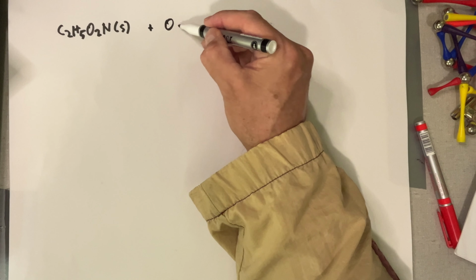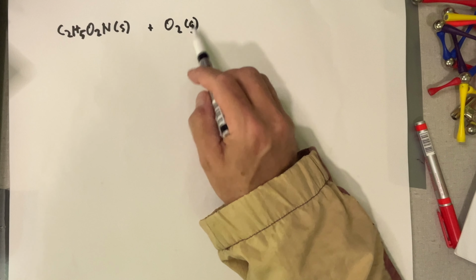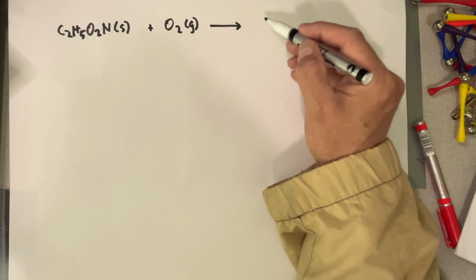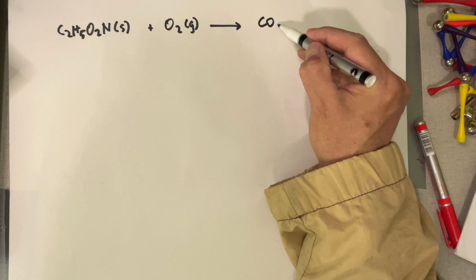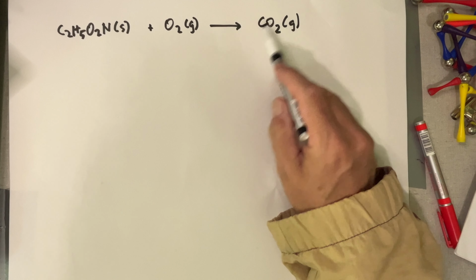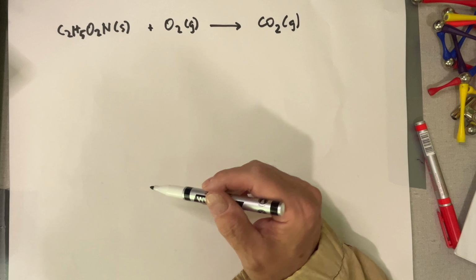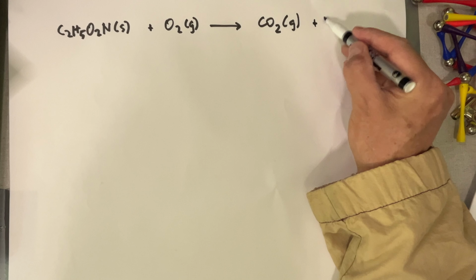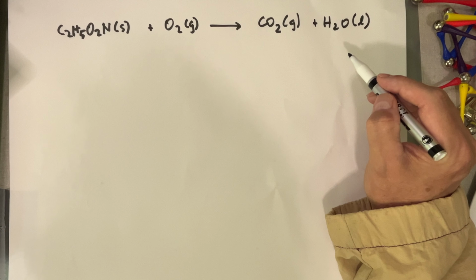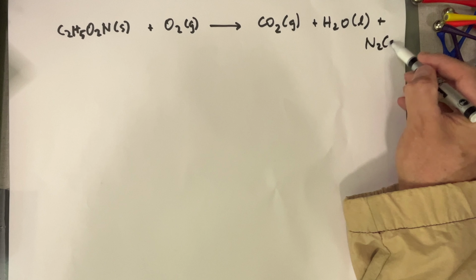Plus you have oxygen gas, that refers to the combustion, and then you have carbon dioxide gas, that is a byproduct of any combustion reaction for organic compounds, plus water, H2O, liquid, plus nitrogen gas.